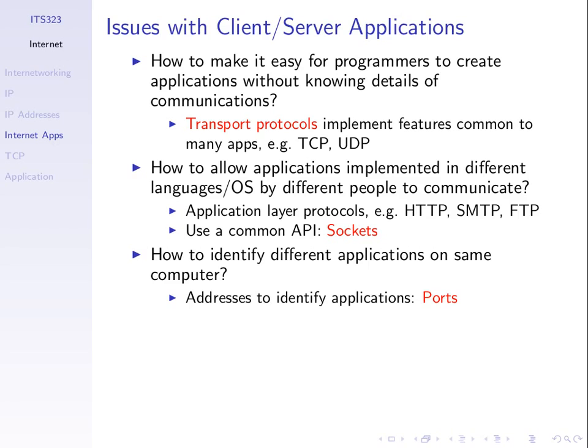Some standard definition of how to call functions or use objects, methods, such that when you write an application using, let's say, C on my Linux computer and compile it, it will communicate with a Java application running on Windows somewhere. Different languages, different operating systems, but if they follow the same API, they can communicate. The name of that API is called sockets.